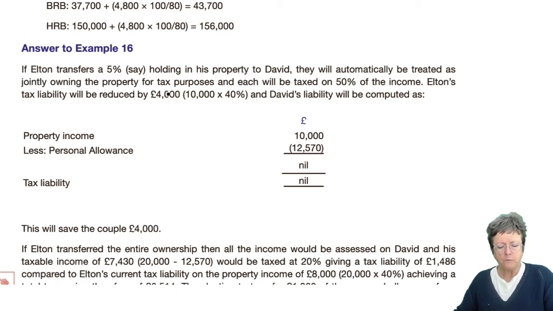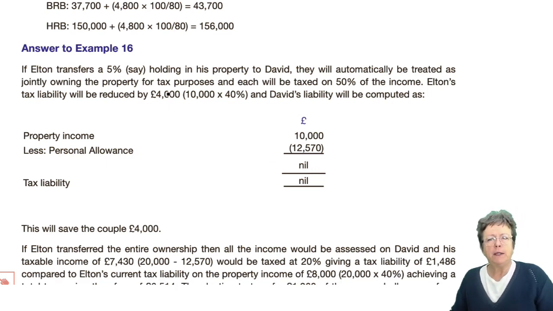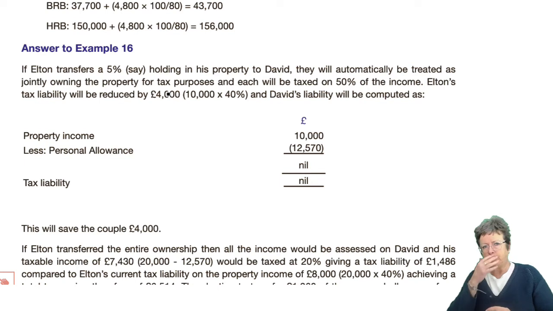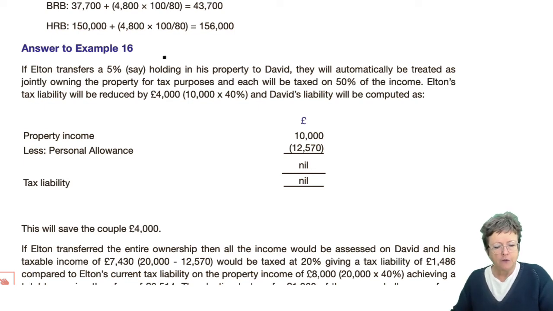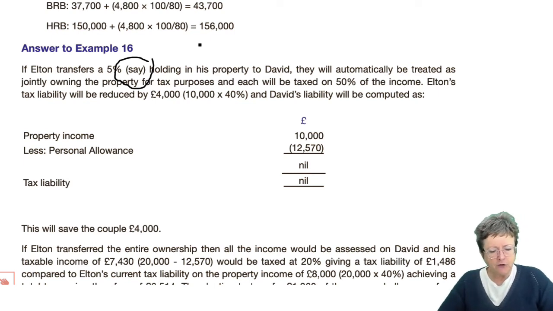Never be black and white with this, because obviously clients would need to be consulted. You've got to make sure it's all within the law. So you'll notice that there it says potentially. So if Elton transfers, say, 5% of his holding to David, they will automatically be treated as jointly owning the property for tax purposes, and each will be taxed on 50% of the income.